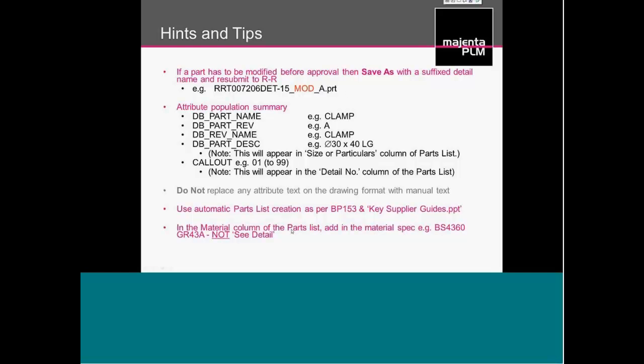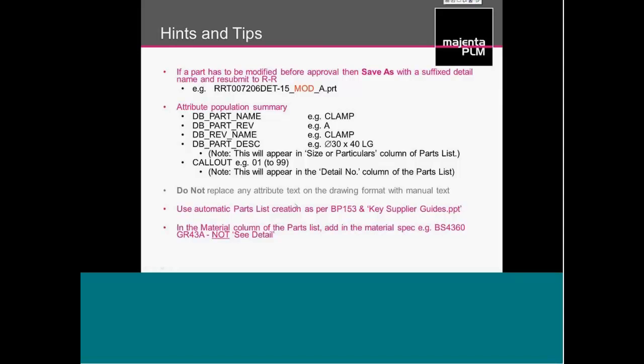The attribute population summary. So I mentioned the attributes that you need to edit. So the part name would be the clamp. The revision is A. The ref name would be clamp, and the part description may well be something similar to that. The call-out number, this will appear in the detail column of the parts list, but you would need to go back and edit that for the particular instances in the assembly.